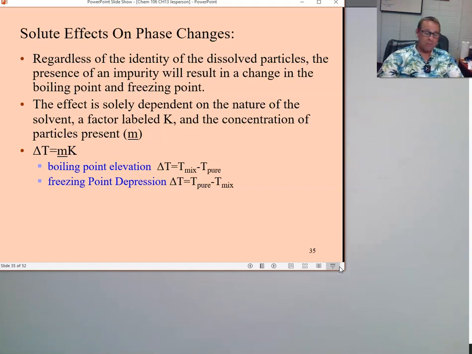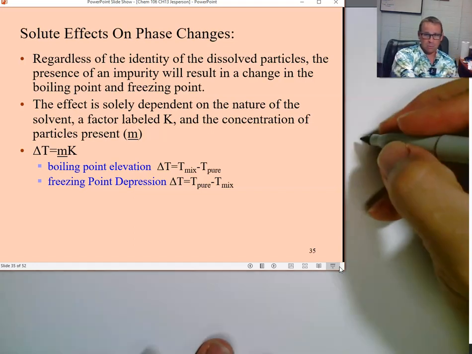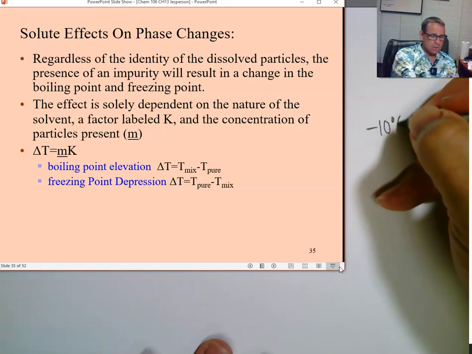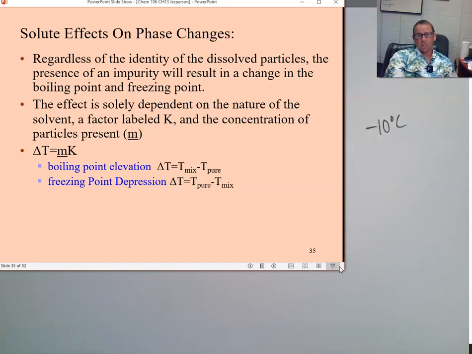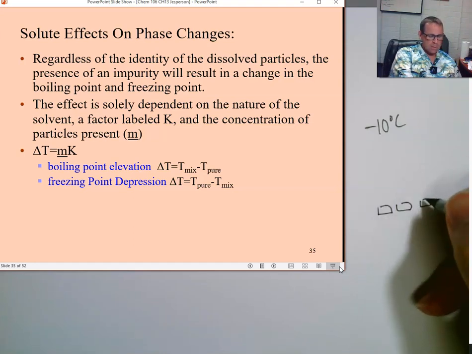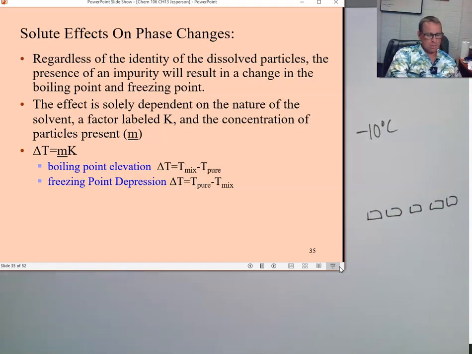So, for example, if the temperature outside your house was minus 10 degrees Celsius, you would expect any water outside to be frozen, because water freezes at 0 degrees Celsius. Here's some ice cubes on the ground, frozen at negative 10 degrees Celsius.